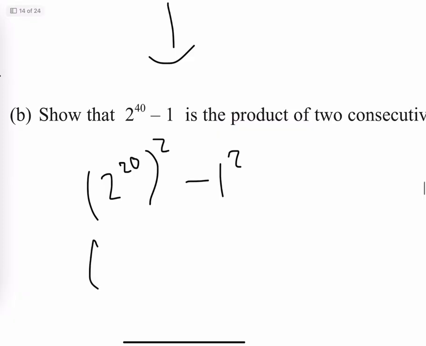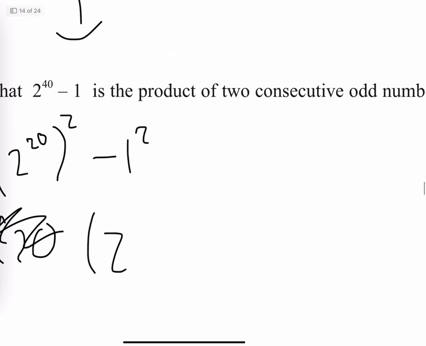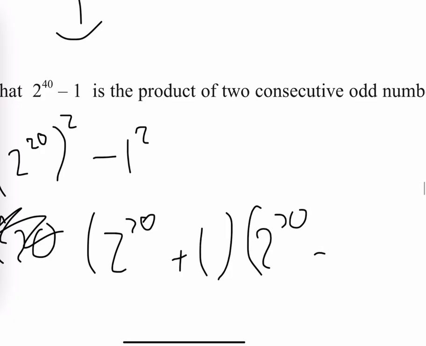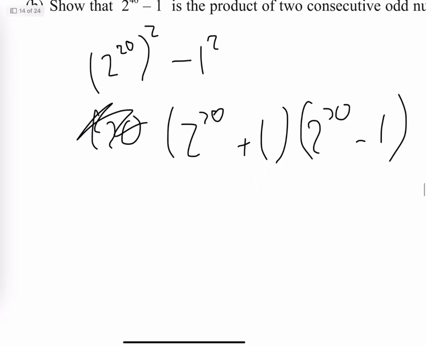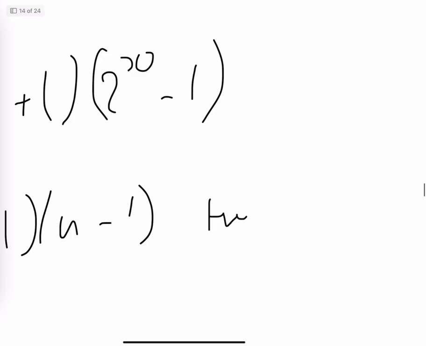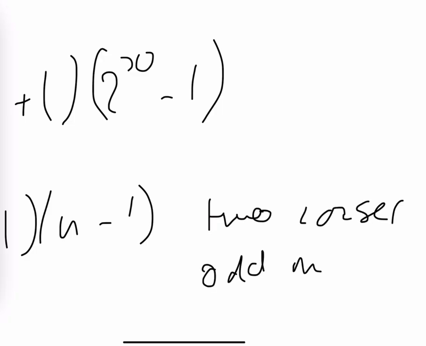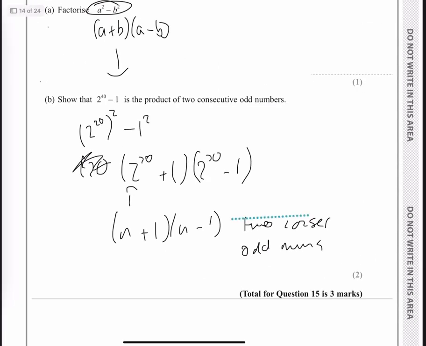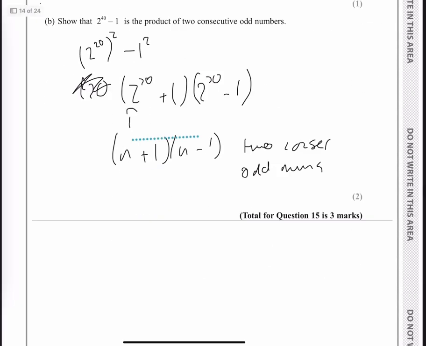That gives us 2 to the 20 plus 1, 2 to the 20 minus 1. And if we just let this be a number n, that's just n plus 1, n minus 1, 2 consecutive numbers. Again, the sentence at the end for stuff like that just helps prove to them you haven't just made it up, you have shown it.